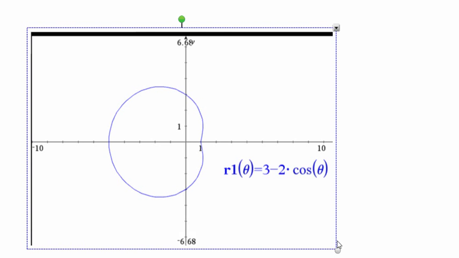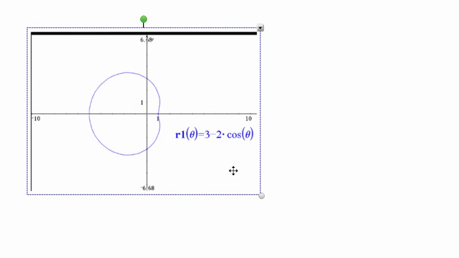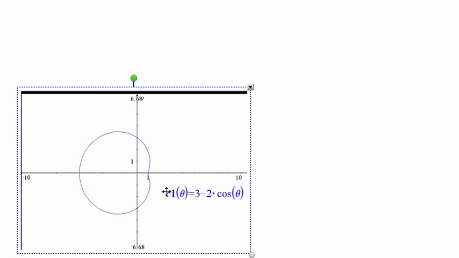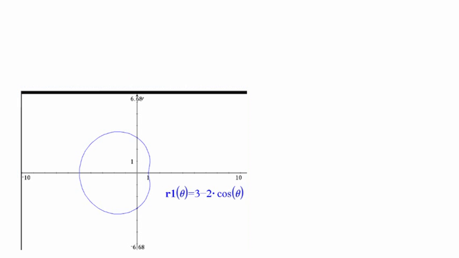So if I'm interested in finding a derivative, a slope of a tangent line, dy dx, the way we do this is the same way we did this in parametric coordinates, except that we let theta be the parameter.